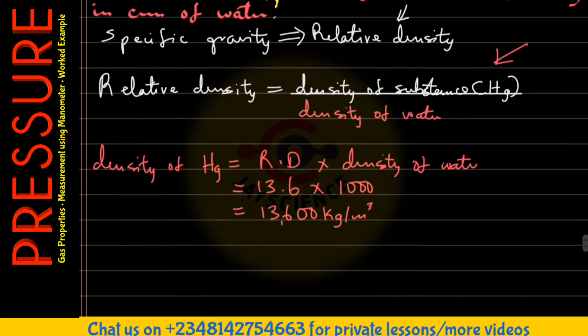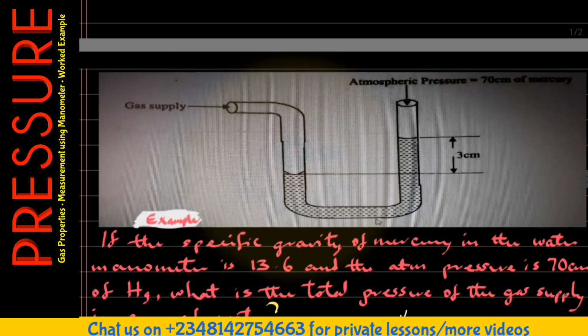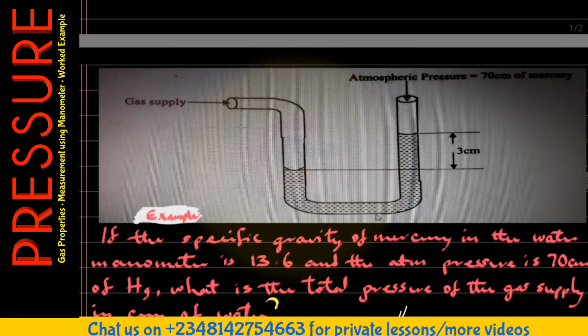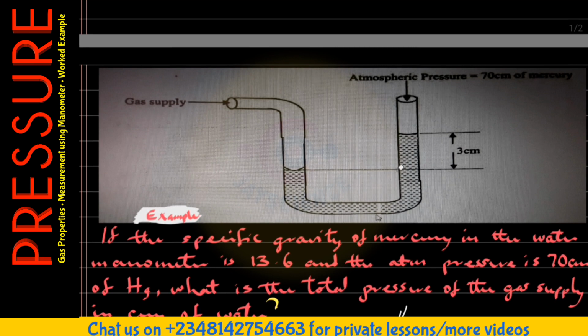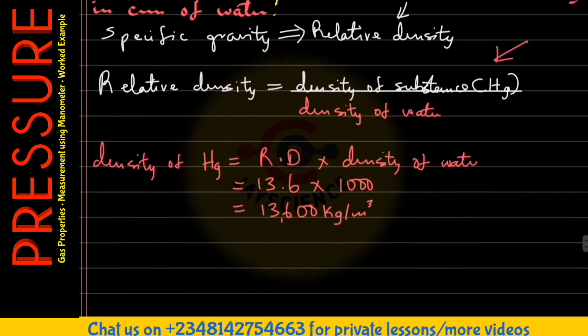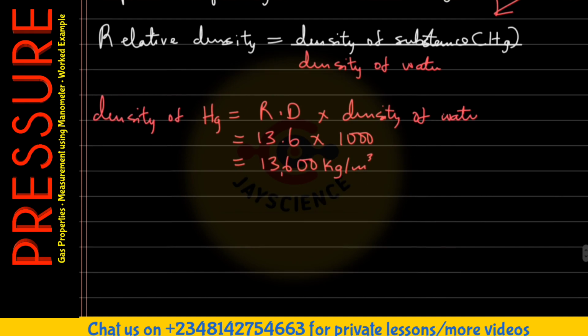Now, remember that when we're calculating density of substances in a manometer, we most times do a comparison and resolve that. Let's say the pressure at this point is equal to the pressure at this point, that's the atmospheric pressure, plus this height of the liquid column. So that will serve as the basis of the next thing we're going to do.